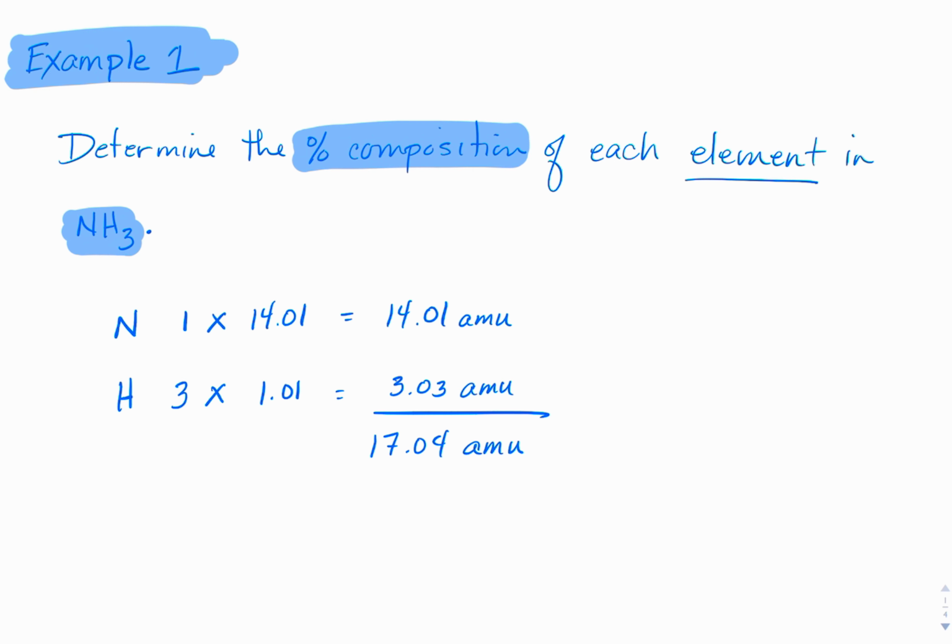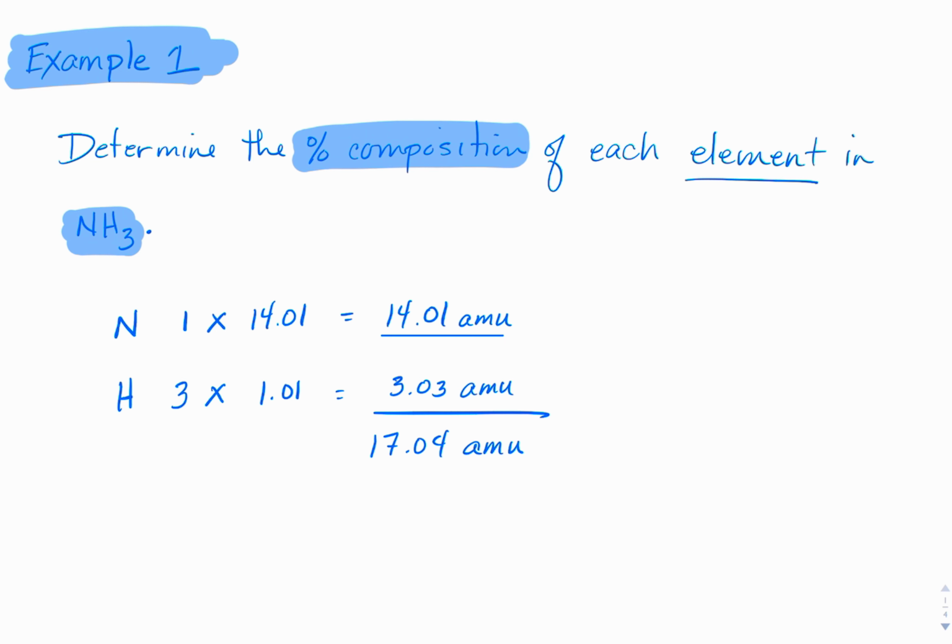And to figure out the percent composition of each element, we're going to take the total value of the amount of AMUs for that element and divide that by the total amount of the formula mass for the entire compound.